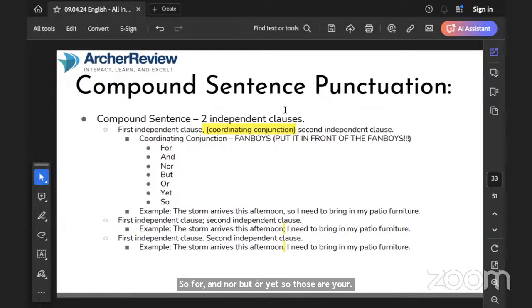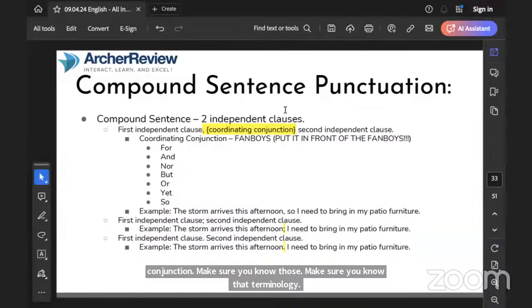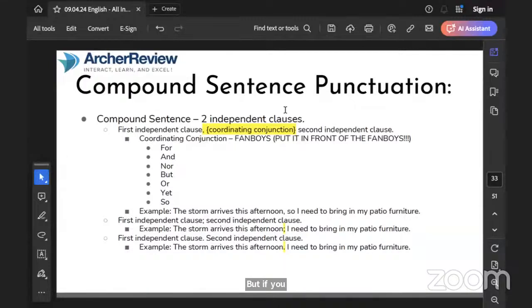Make sure you know those. Make sure you know that terminology. But if you have two independent clauses that you connect with one of those fanboys, before that coordinating conjunction, you must put a comma in order to correctly punctuate.